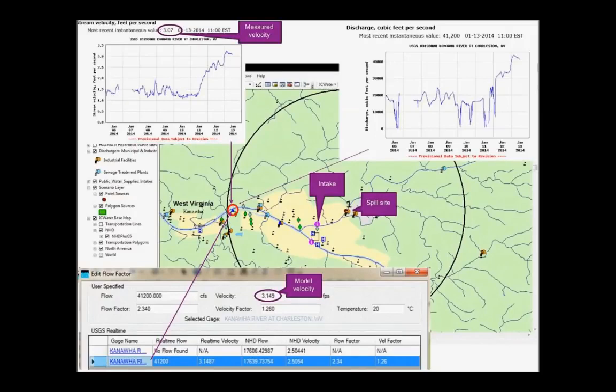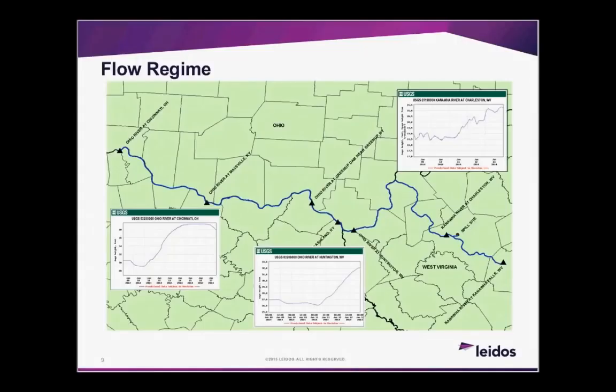Some outputs. Here we're actually looking at the entire flow regime from where the spill occurred on the right-hand side of the screen, all the way down about 200 miles or so along the Kanawha River and then the Ohio River to Cincinnati. You can see a number of gauges there.